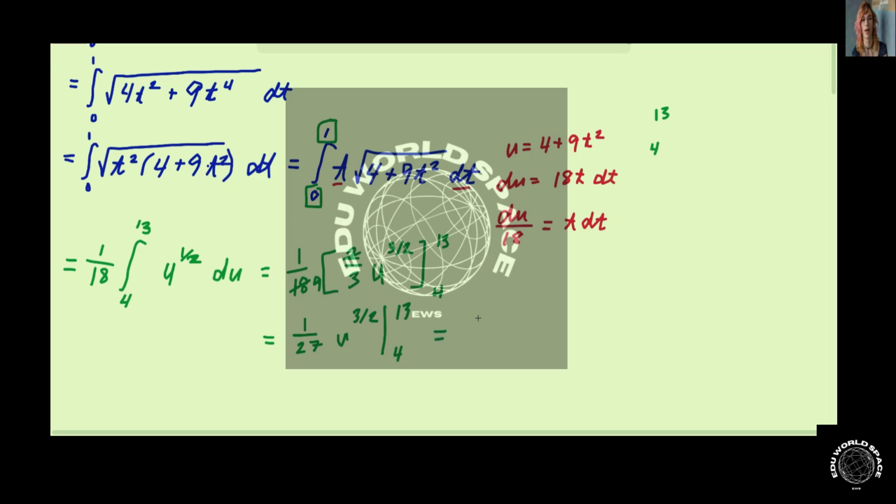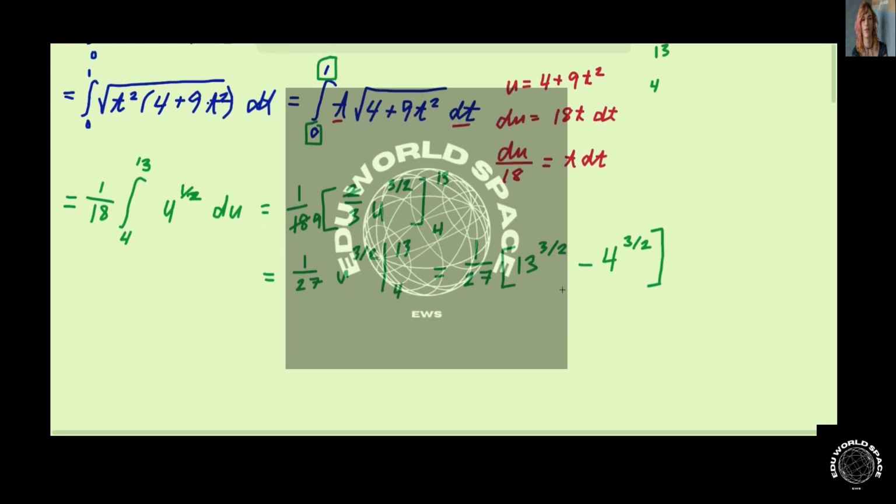Now I will plug in, and I have 1/27 times 13 to the 3/2 minus 4 to the 3/2. I'm fine with that answer as it is. This is an acceptable answer.